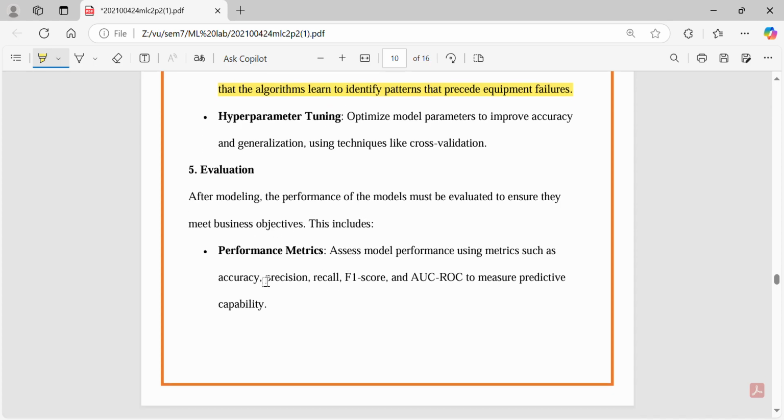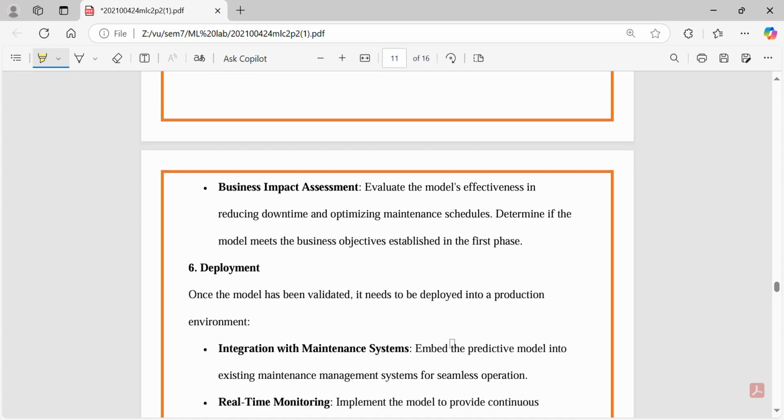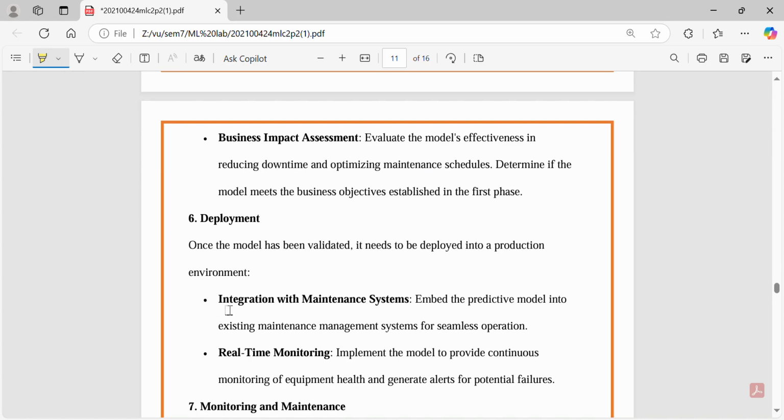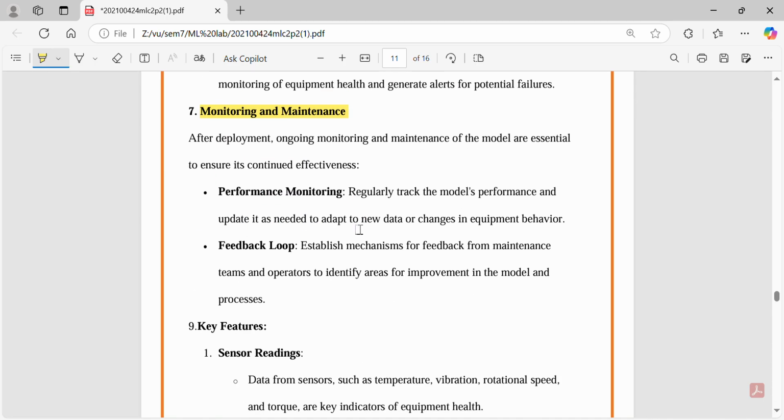After the evaluation, we could find the accuracy, precision, F1 score, etc. Then deployment, the integration with the machine system, real-time monitoring, and maintenance.